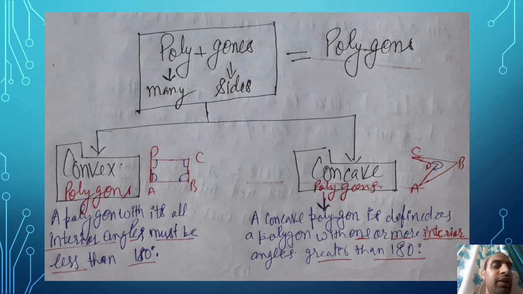But in the case of convex, I have made a rectangle, all angles are 90 degrees. You can take any other example, but in a convex polygon the angle is not going to be greater than 180. If it is more than 180, that means the polygon is a concave polygon.